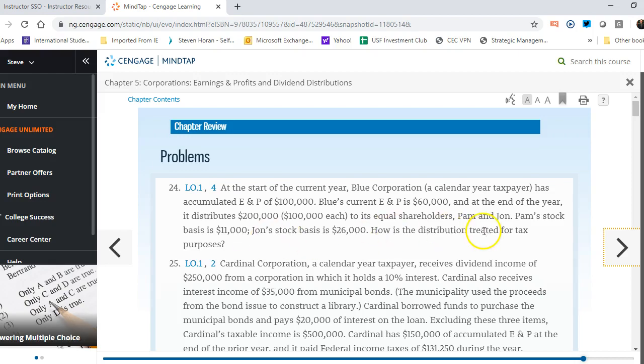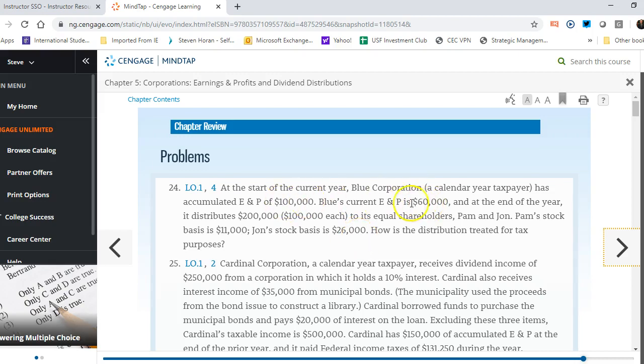For John, again 80,000 dividend, but his basis is 26,000. So 20,000 becomes return of basis, and his basis left over is 6,000. Pam has no basis left, and John's got a $6,000 basis. So that's how that works on that one.